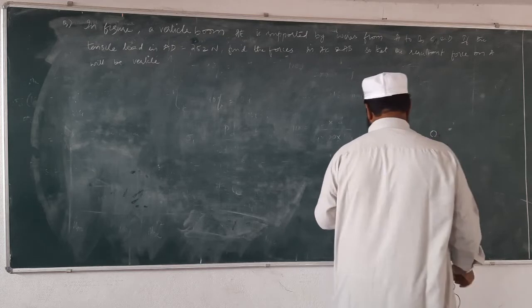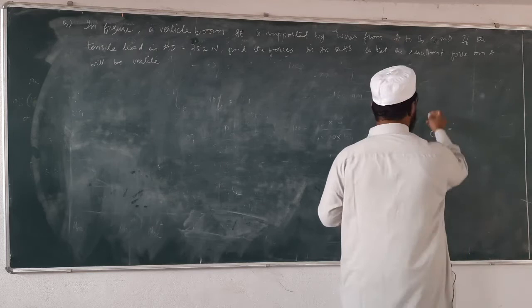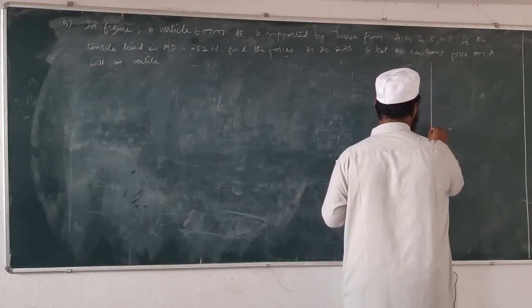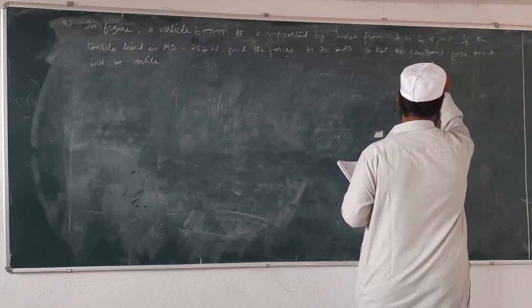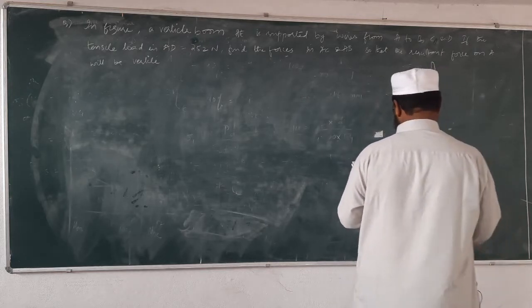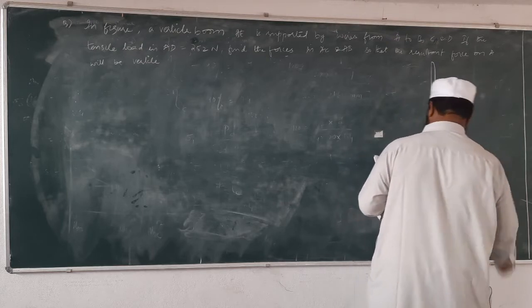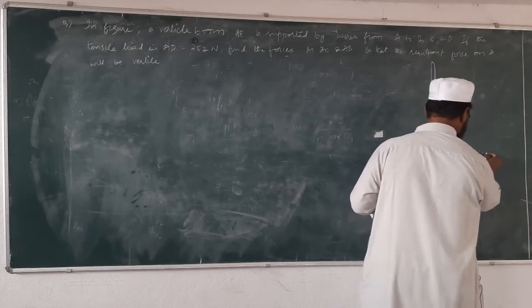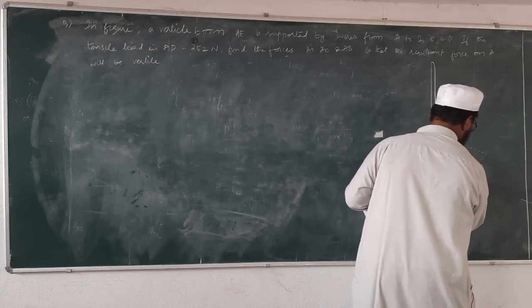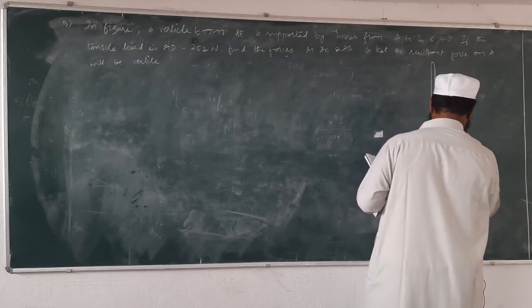Copy down the figure very clearly. Many students will make mistakes in copying this diagram. So this is 4 meter and this is 6 meter.